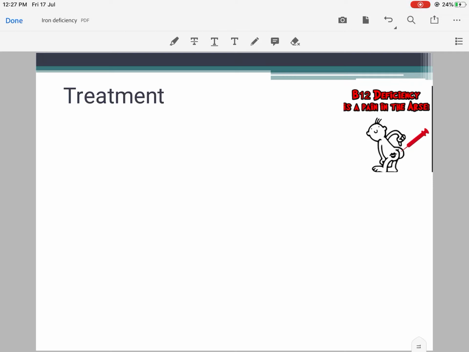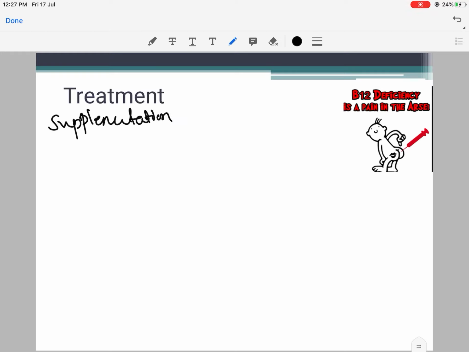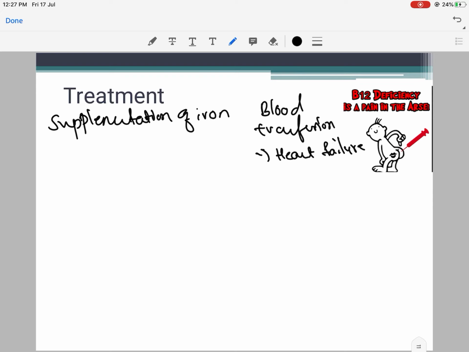So how to treat? Treatment could be supplementation of iron or blood transfusion. Now, blood transfusion is only indicated if there is heart failure, or there is urgency in correcting hemoglobin, that is, if the patient is going for surgery.